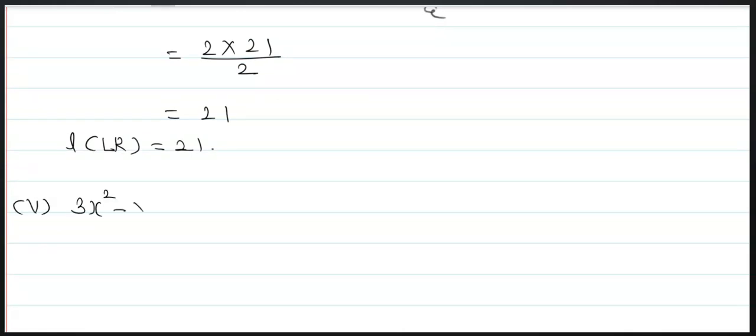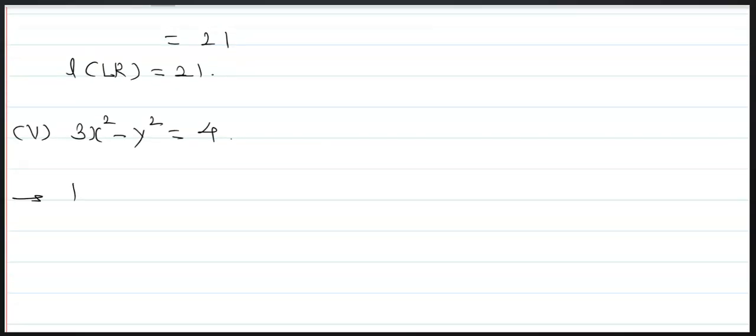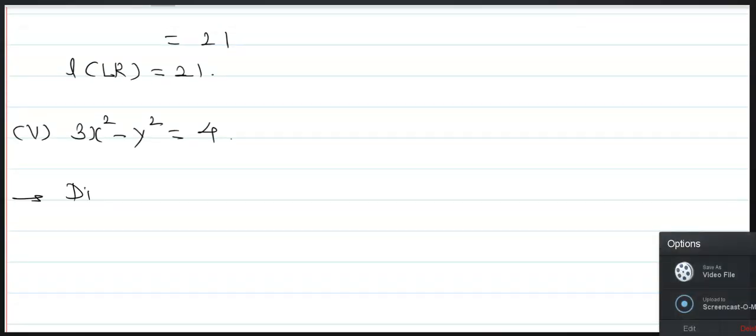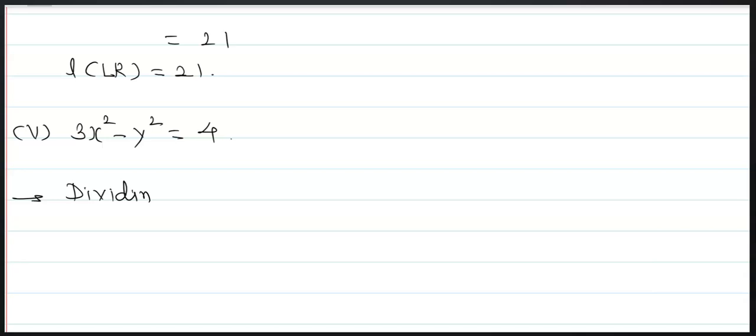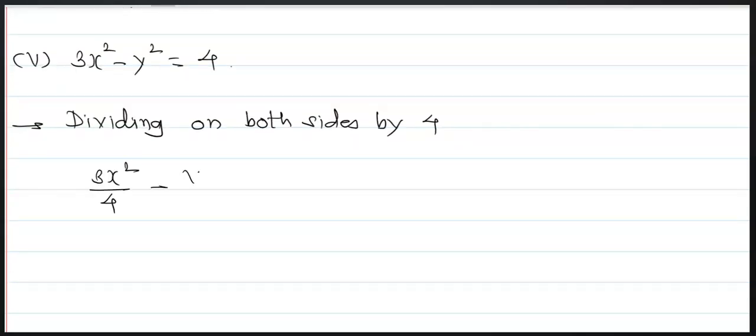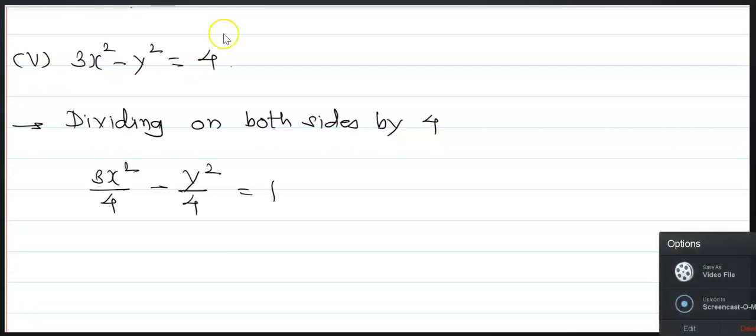Fifth one, 3x square minus y square is equal to 4. Dividing on both sides by 4, we will get 3x square upon 4 minus y square upon 4 is equal to 1.